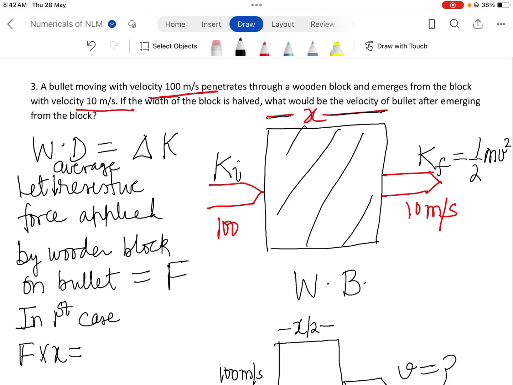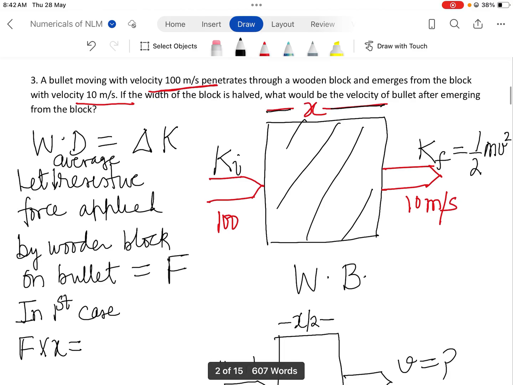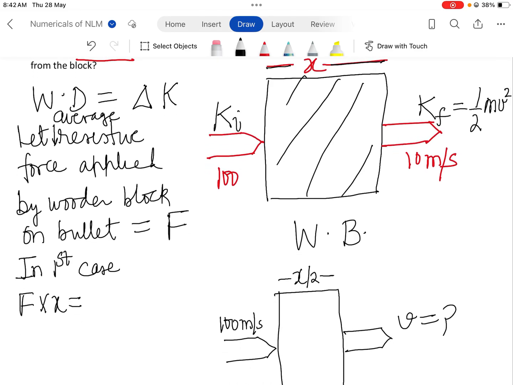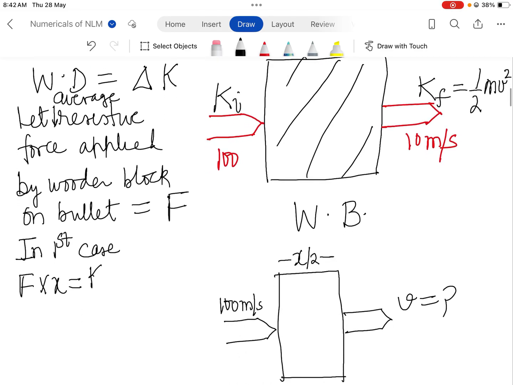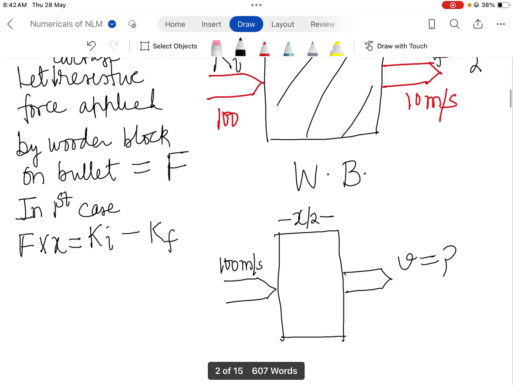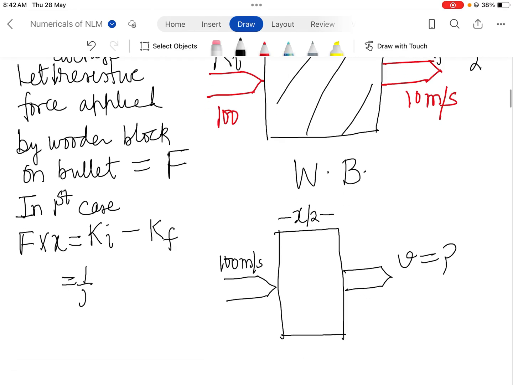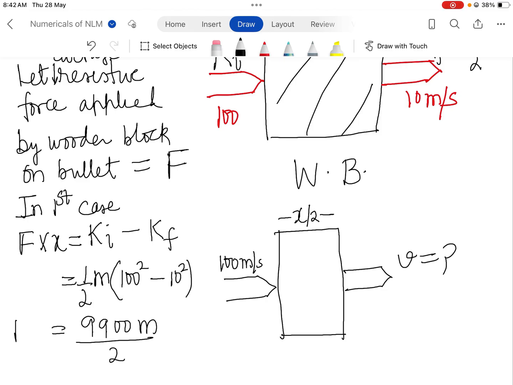Here m is not given, so take the mass of the bullet equal to m. Change in kinetic energy will be Ki minus Kf, because initial is more, final is less. So 1/2 into m into 100 square minus 10 square. When you simplify, it will come out 9900 m/2, equal to F into x.